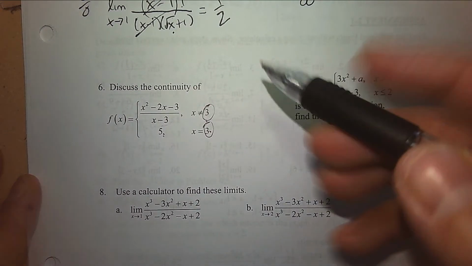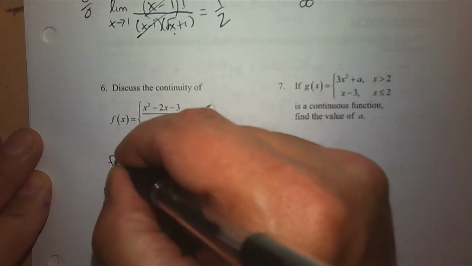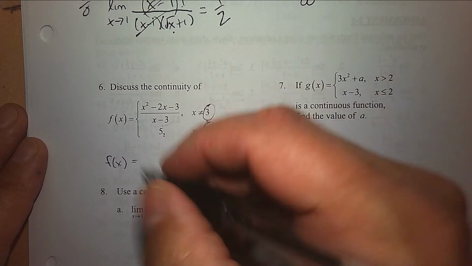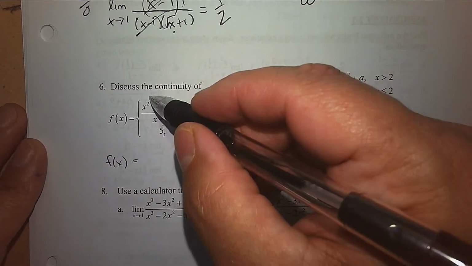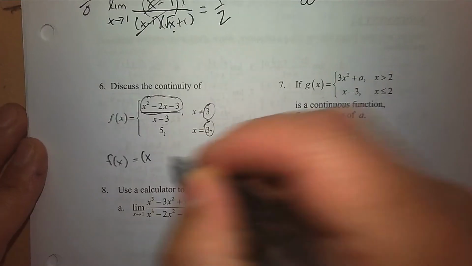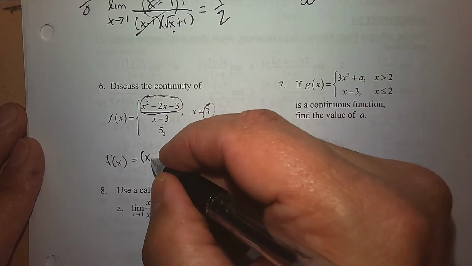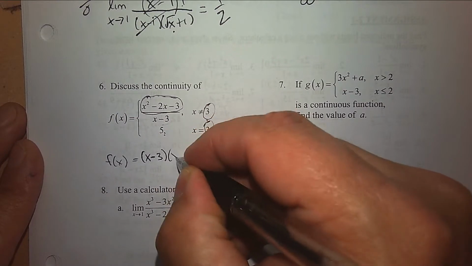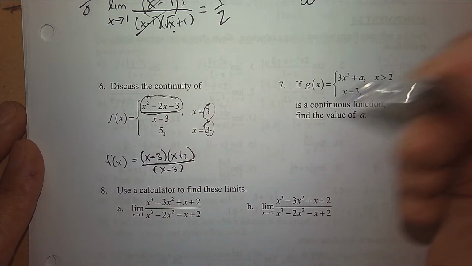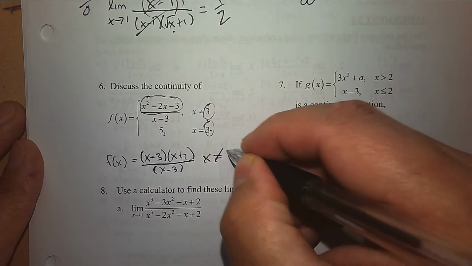So one thing I want you to notice is that the top piece is simplifiable. What is the numerator factored? The numerator, what does it look like if you factor it? x plus 3, x minus 4. Do you see that? And that's when x doesn't equal 3.